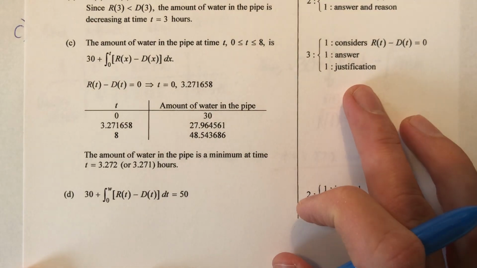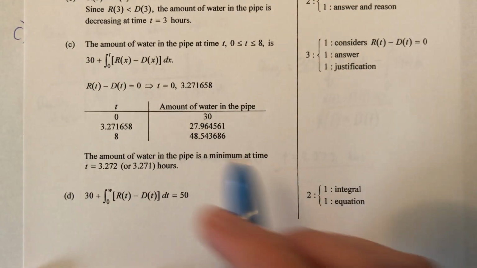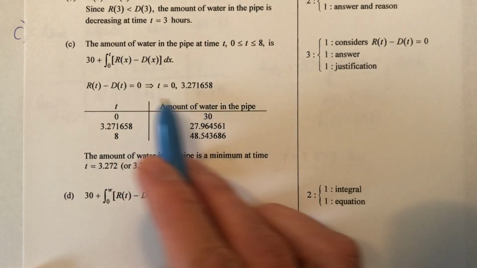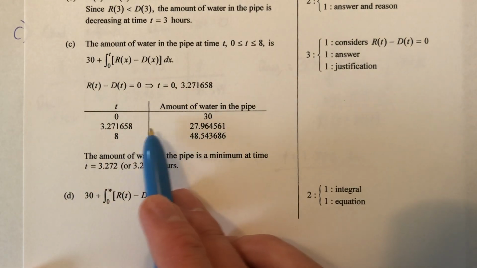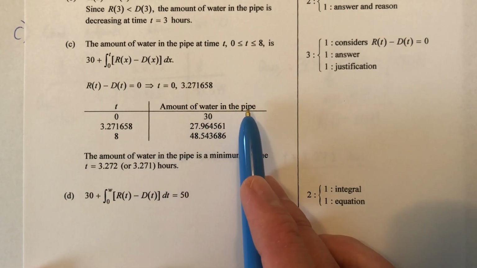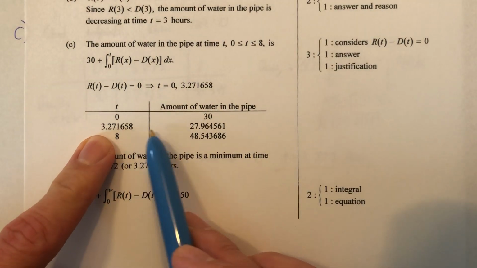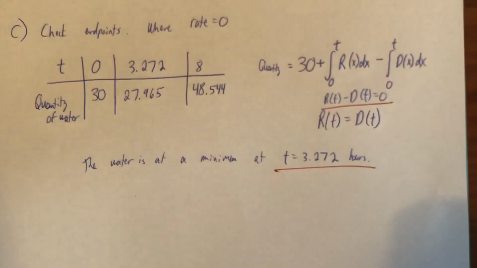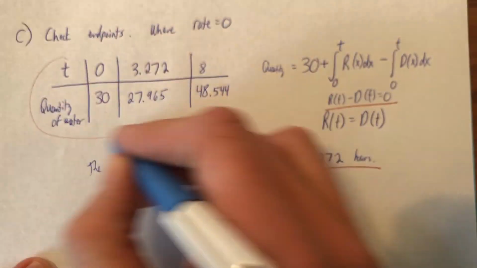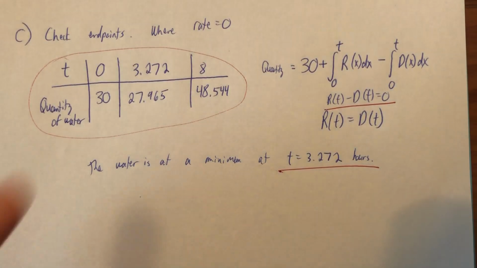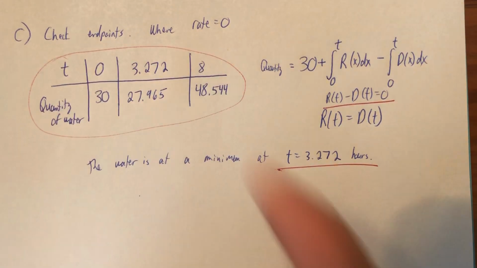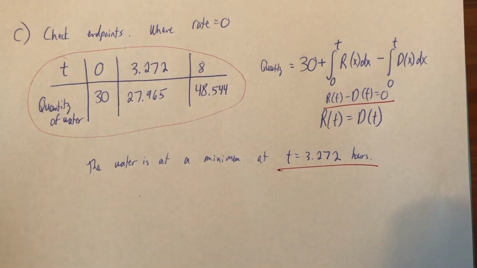The justification is 1 point, and their justification really did involve this chart. Notice I said quantity, and they said amount of water in the pipe, and so they had 0 and 8, and they also had that number, 3.272. So we have our justification, and that really came from this first idea that we had right here.